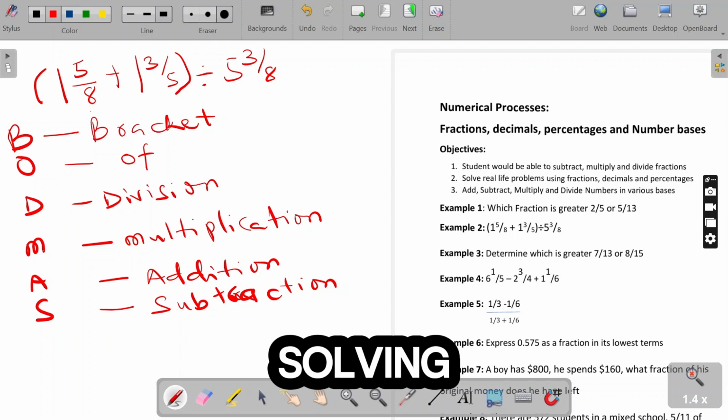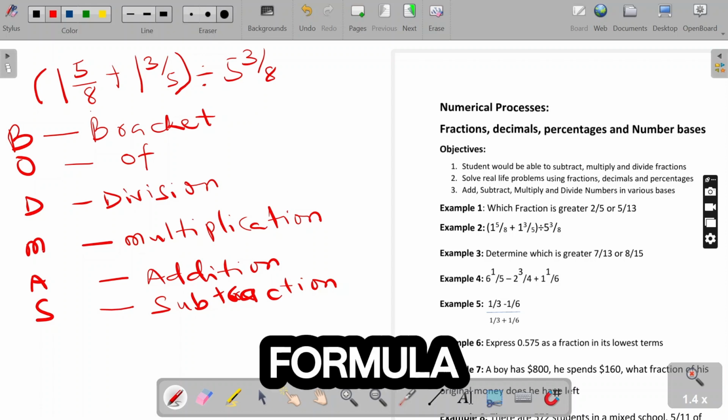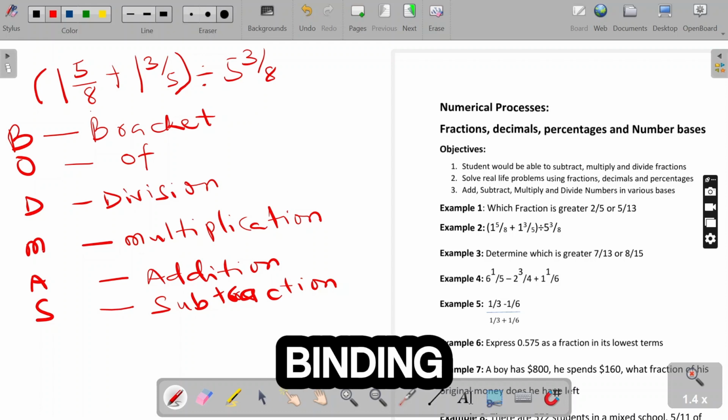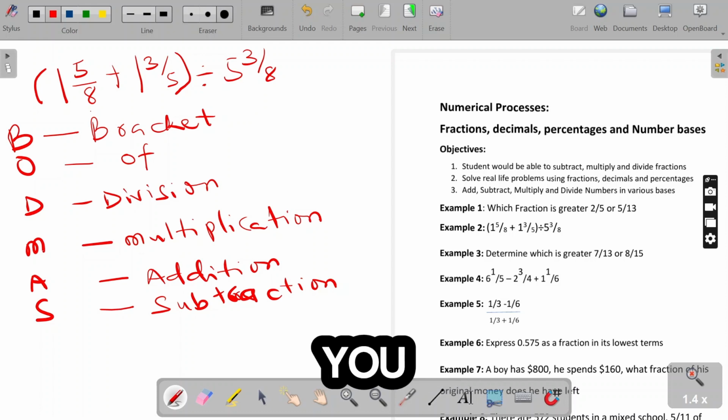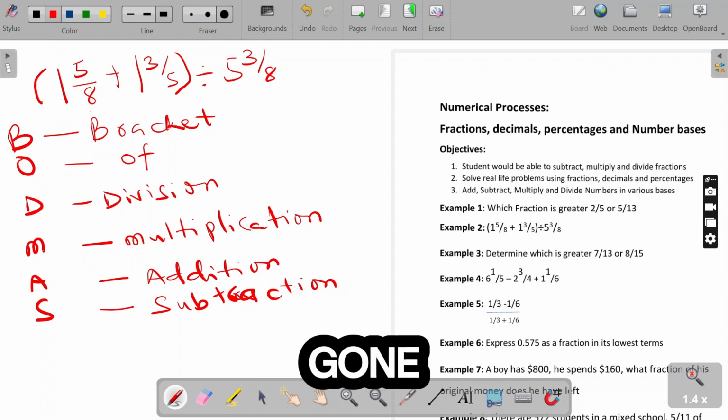So solving mathematical expressions like this, we are guided by this formula. See this formula as a constitution, something legally binding, something you are guided by, something you need to know. These are rules you need to follow, otherwise you would be assumed to have gone contrary to the law.